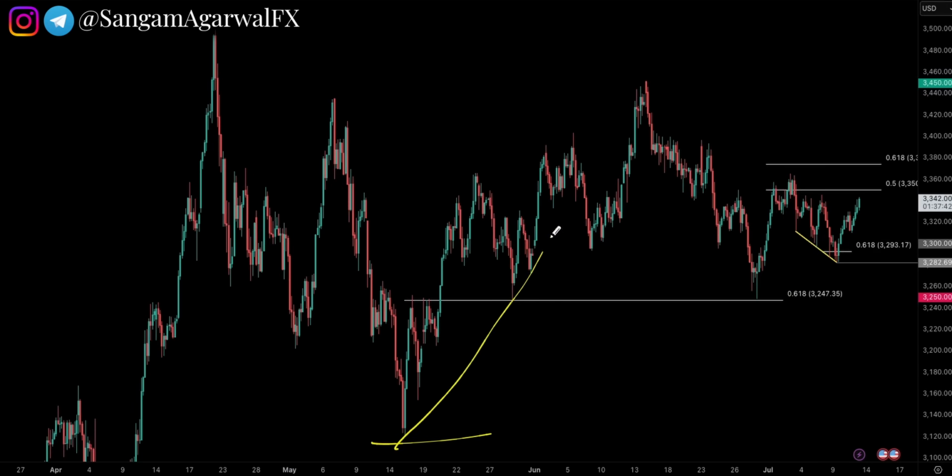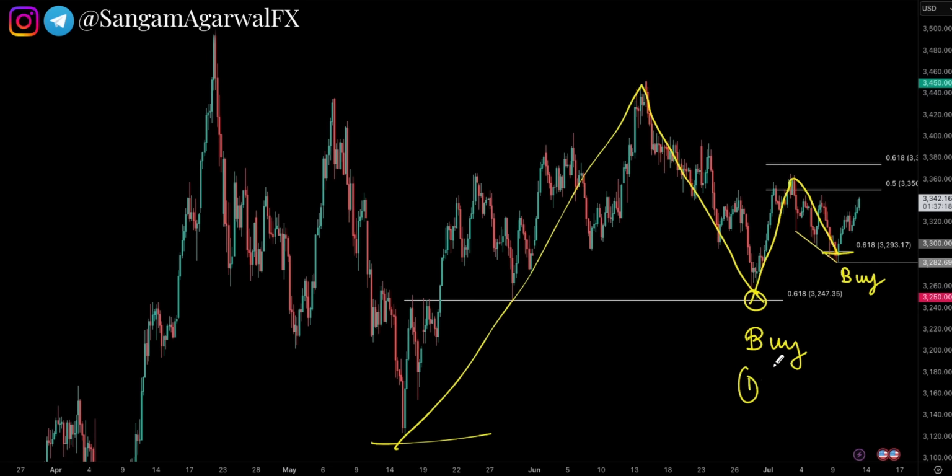So that was an impulsive wave, 61% retracement, and market makers buy. The market again goes up. Those who missed the buying opportunity are looking for a second buying opportunity. They wait for retracement. The market retraces 61% once again, they buy again.